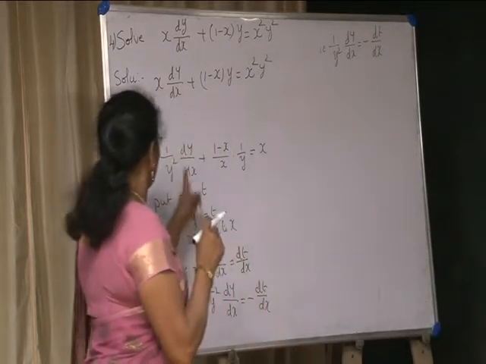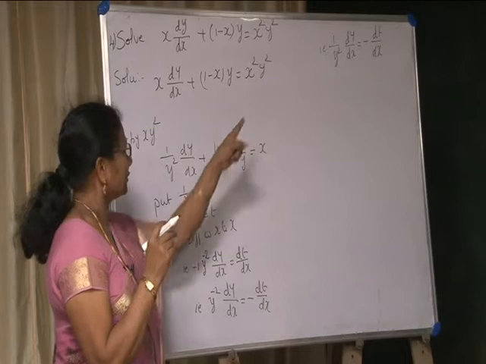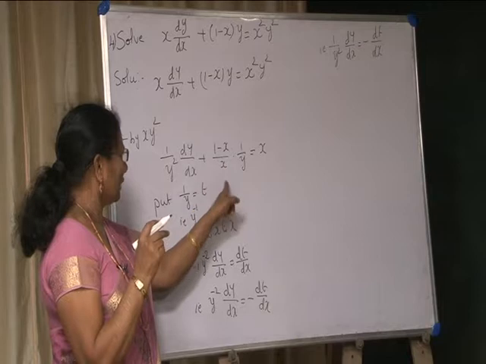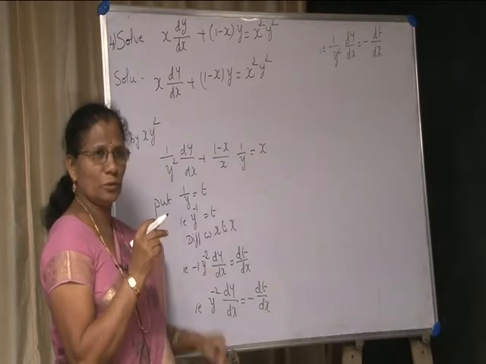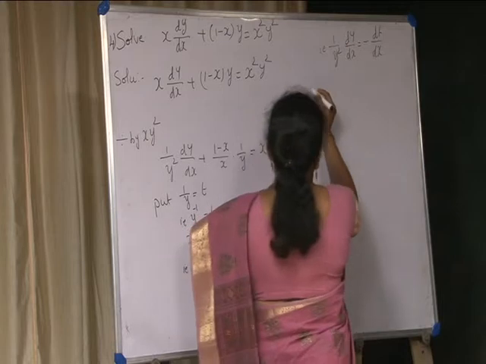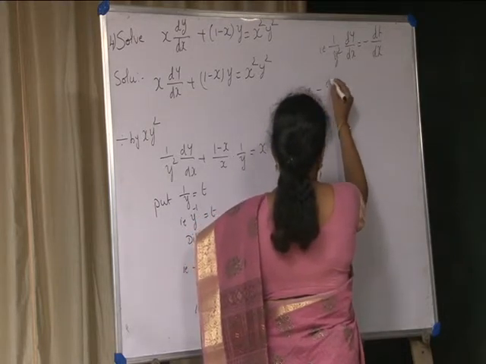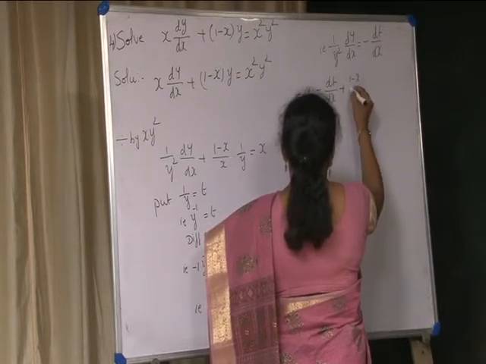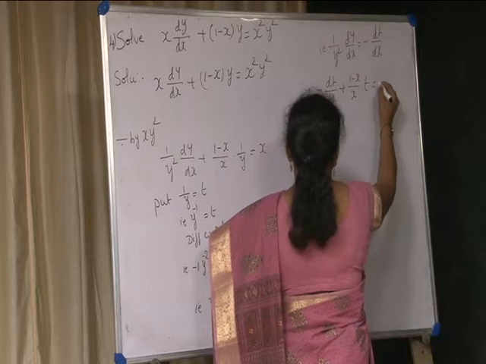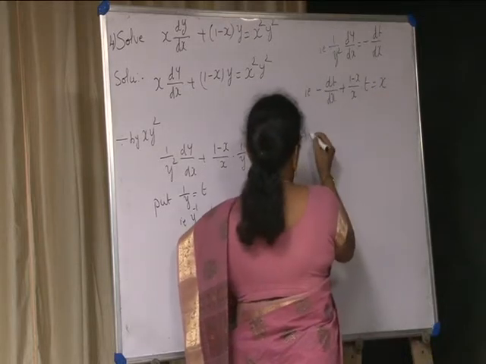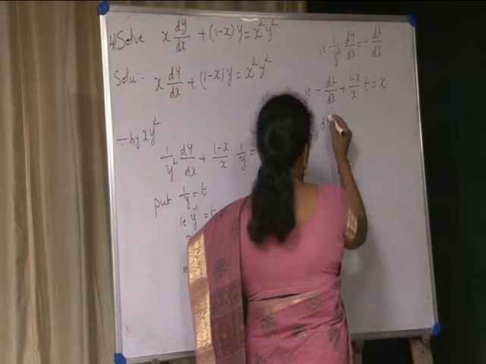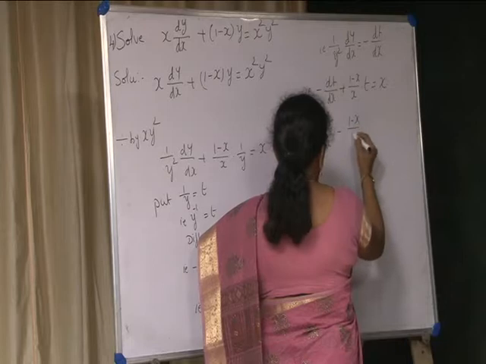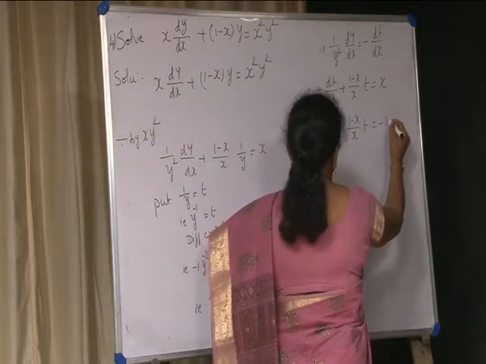So, in the place of 1 over y squared dy by dx, minus dt by dx plus 1 minus x divided by x into t is equal to x, that is minus dt by dx plus 1 minus x divided by x t is equal to x, that is dt by dx minus 1 minus x divided by x t is equal to minus x.